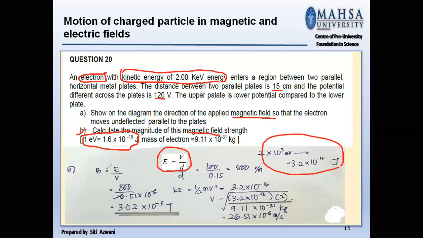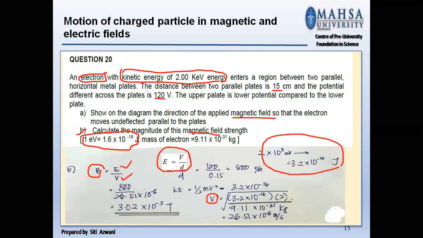You want to solve for this question for the B, so you must have a velocity of your charged particle, the electron. By using the kinetic energy here, you need to calculate the value of the v.